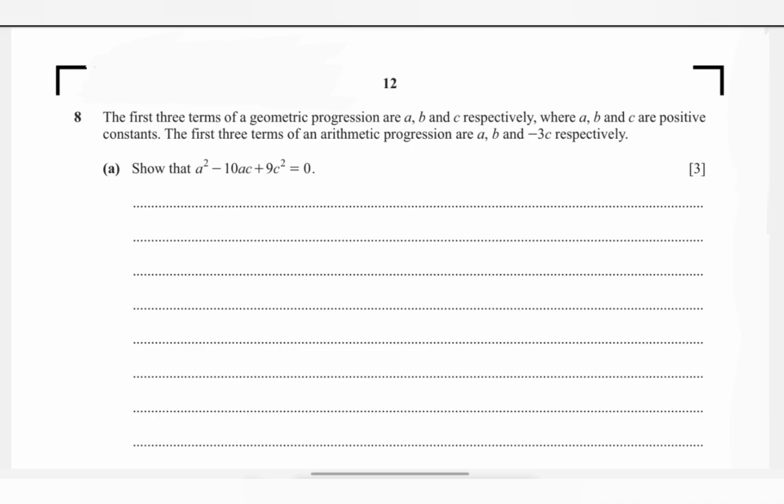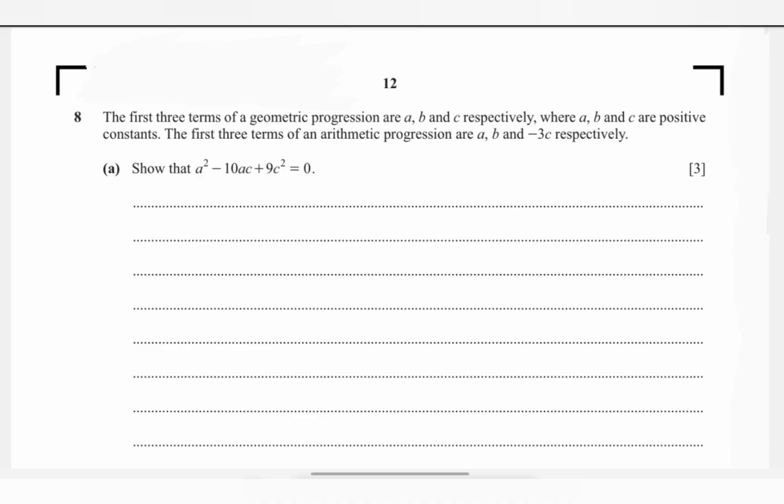It says the first 3 terms of a geometric progression are a, b, and c respectively, where a, b, and c are positive constants. The first 3 terms of an arithmetic progression are a, b, and minus 3c respectively. It says for part a, show that a squared minus 10ac plus 9c squared is equal to 0.